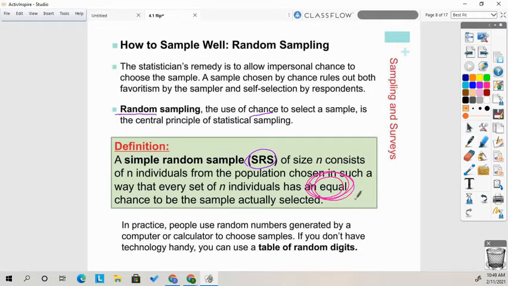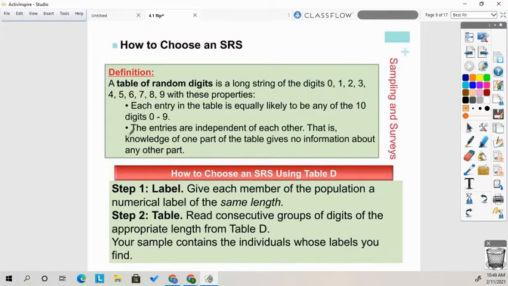So how do we do a random sample? Step one, in this class, you will always do this to get your random samples. You're going to label. So you're going to give each member of the population a number. So if you have 67 people, you're going to number them 01 to 67, or you can even number them 00 to 66.